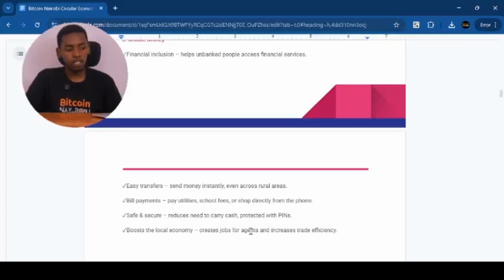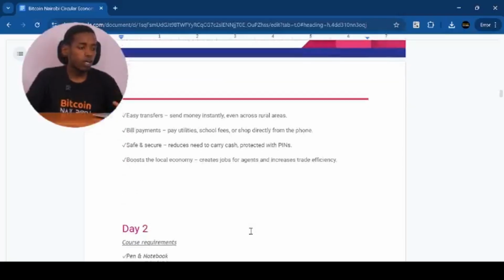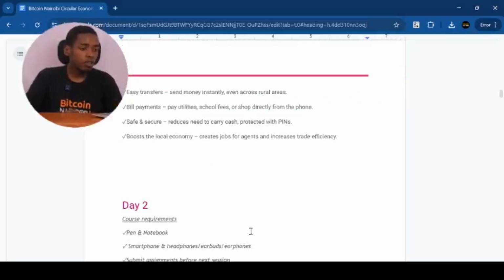Also, it enables easy transfers, where you can send money instantly even across rural areas. You can pay utilities, school fees, or shop directly from the phone, and it reduces the need to carry cash, with protected PINs for your mobile money. Also, it creates jobs for the agents and increases trade efficiency.